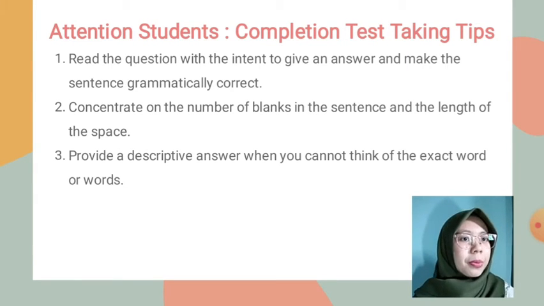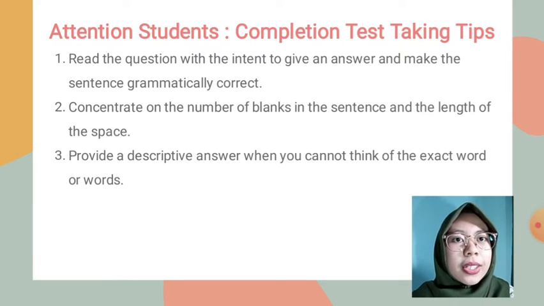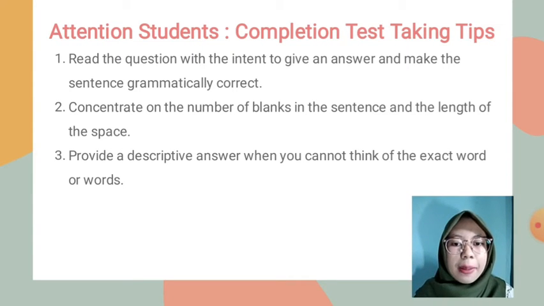Okay? And the second tip is concentrate on the number of blanks in the sentence and the length of the space. The test maker may be giving you clues to the answer by adding blanks and making them longer.